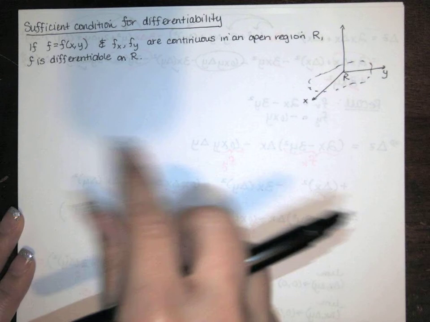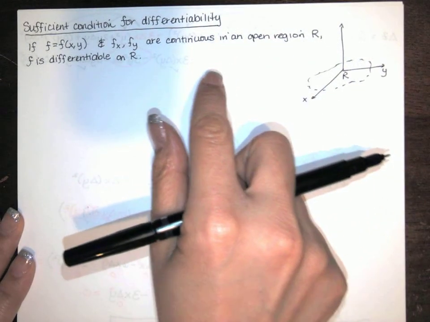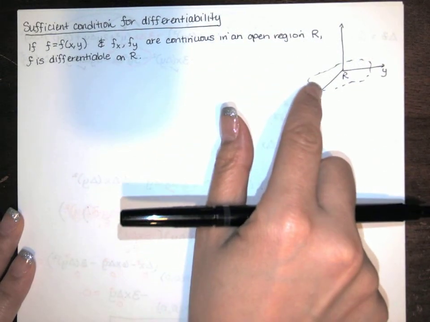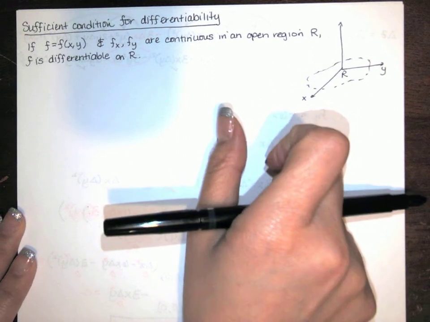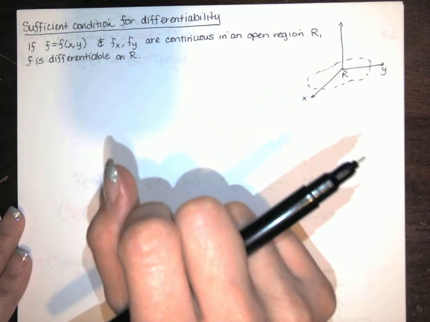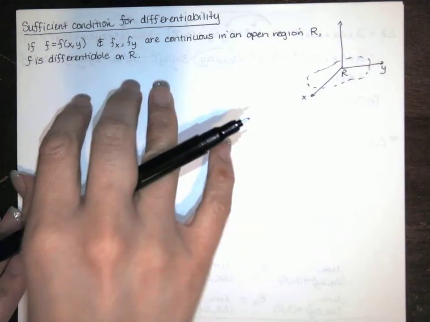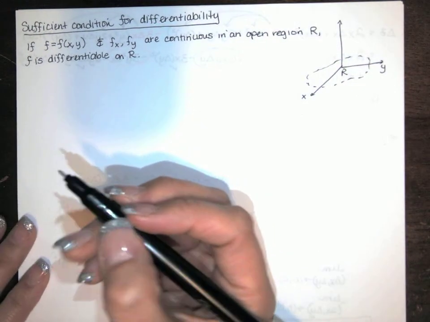But this says as long as you stay away from those problem areas and the other areas that don't include the problem areas, but all of those other points, the function is going to be differentiable there. As long as those partials exist and they're continuous, then the function is differentiable there.